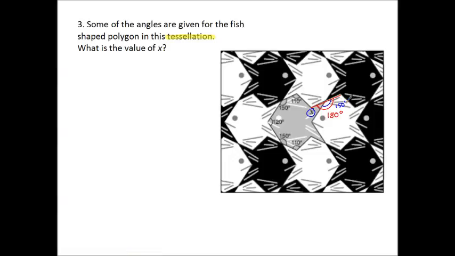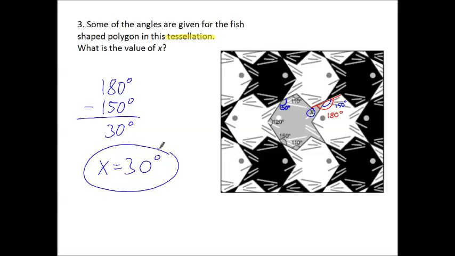The obtuse angle in the right fish is 150 degrees, the same as the one in the gray fish. So to find x, we just take 180 degrees minus 150 degrees, which is 30 degrees. So x is equal to 30 degrees.